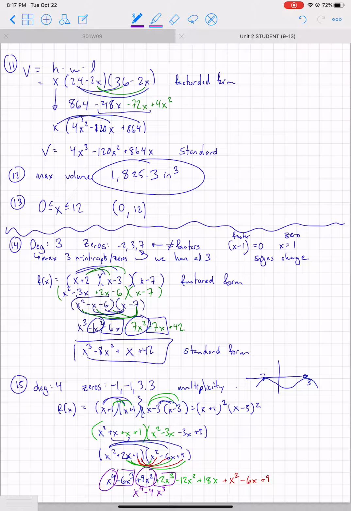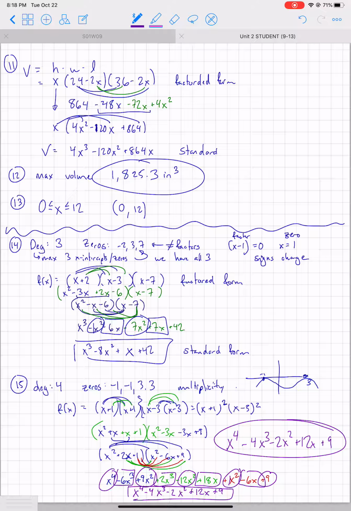Next one, x squared has a couple like terms, so we do positive 9 minus 12 plus 1, which will give us minus 2. Then we have 18x and negative 6x, so that would be 12x. And then lastly, the plus 9 at the end. So that would be our standard form. Let me rewrite it at the bottom and a little bit bigger. All right, that is our standard form equation.